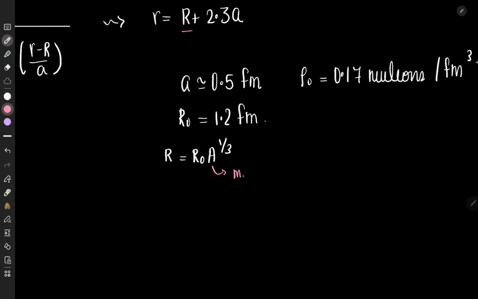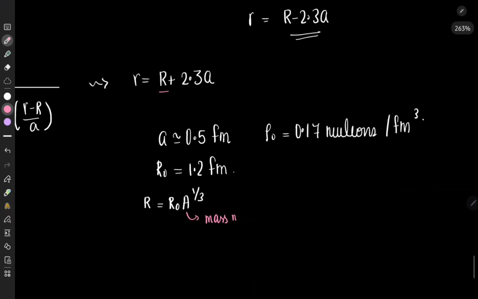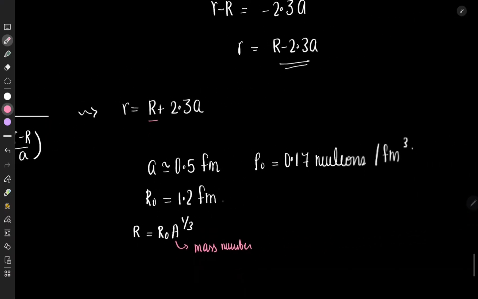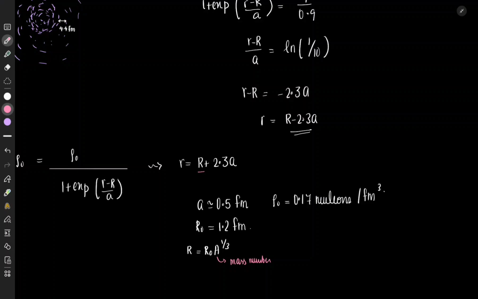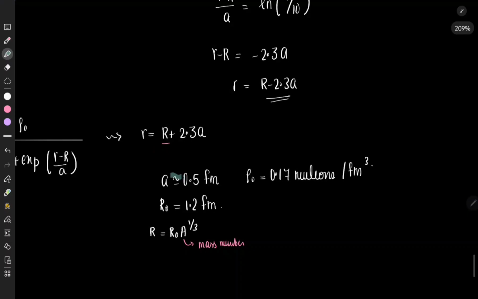Using all these values you can find the small r value for the 10% decrease as well as the 90% decrease. a and rho naught are constant for almost all nuclei, but the deciding factor is R. If there are more nucleons, then R also increases.